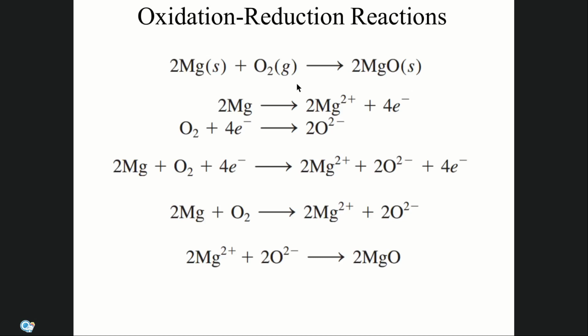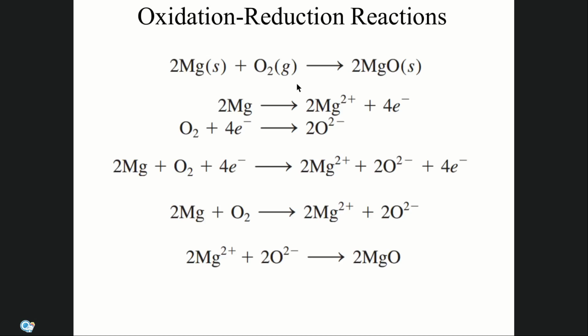Magnesium oxide is an ionic compound made up of magnesium 2+ and oxygen 2- ions. In this reaction, two magnesium atoms give up or transfer 4 electrons to 2 oxygen atoms in oxygen, O2.